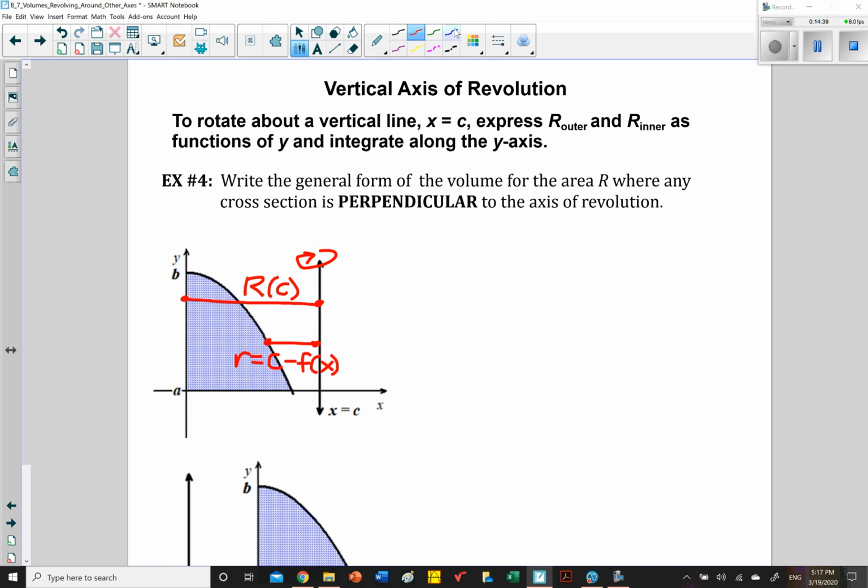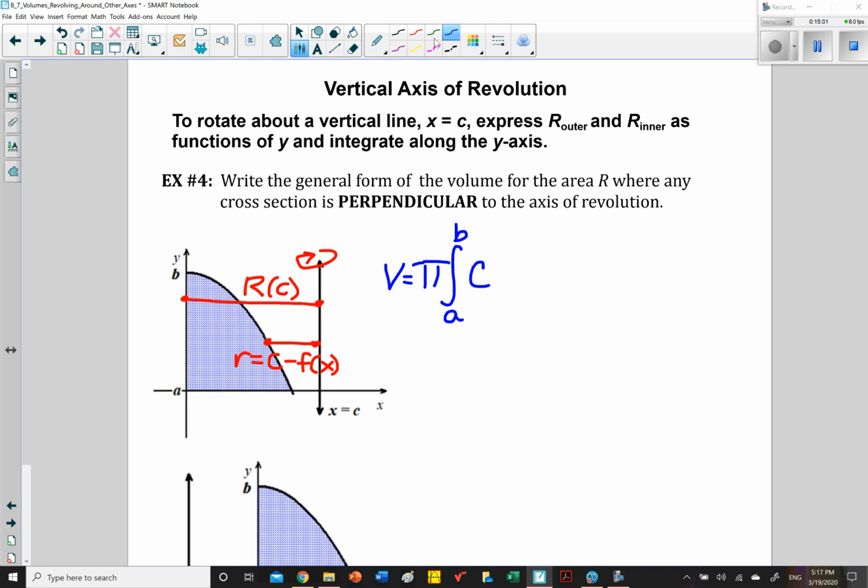So the volume, when our vertical axis of rotation is to the right of the function, it's going to be pi from A to B. These are y values now.